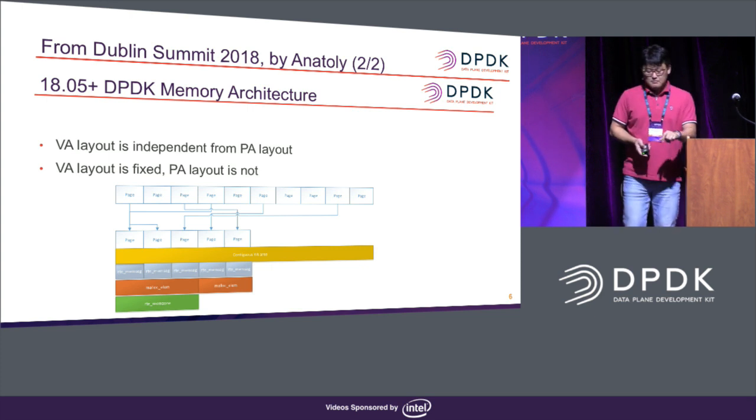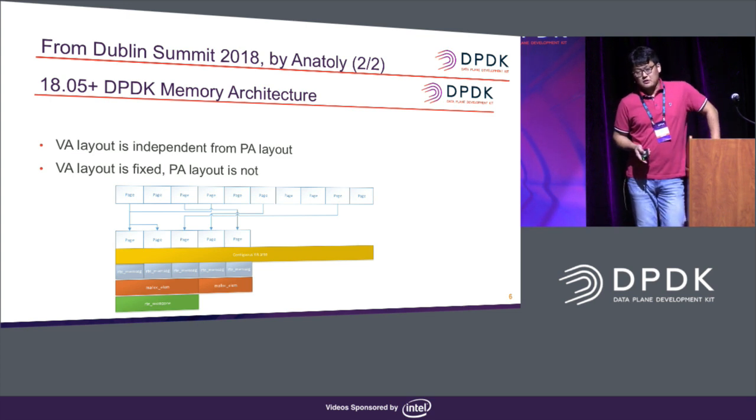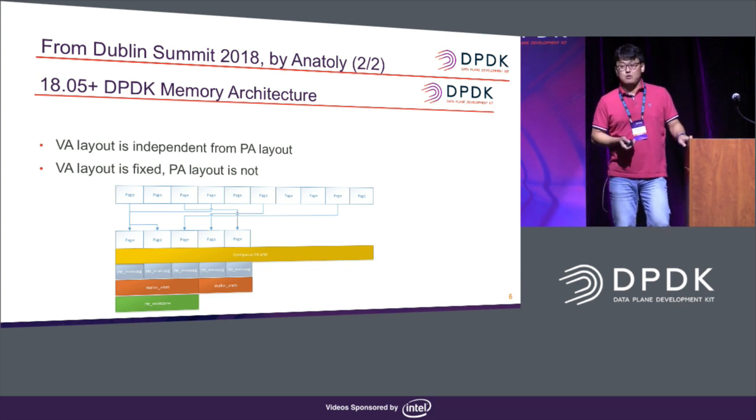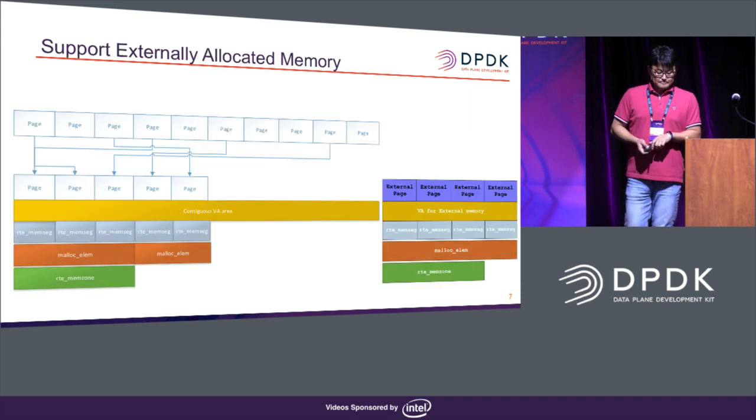Based on that memseg list, DPDK will add the memory to the malloc heap, and based on that malloc heap, as you know, you can reserve a memzone, or create a mempool, or use rte_malloc. That was the huge change, and it's pretty good for everybody.